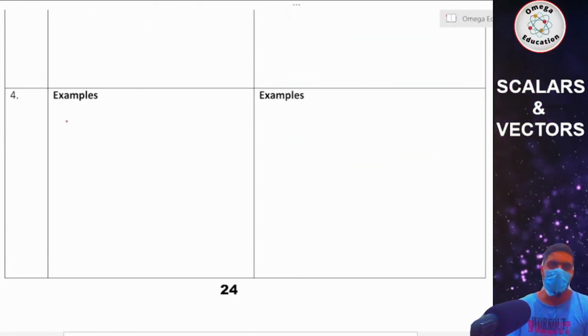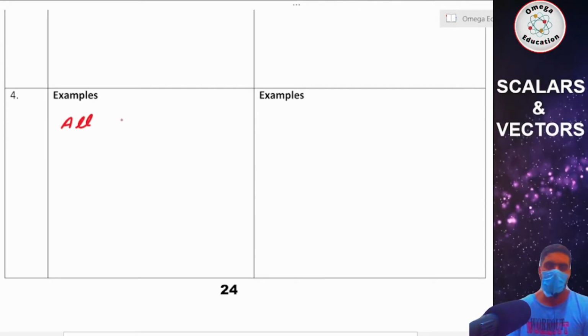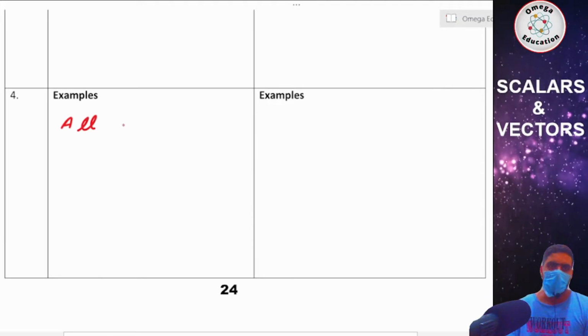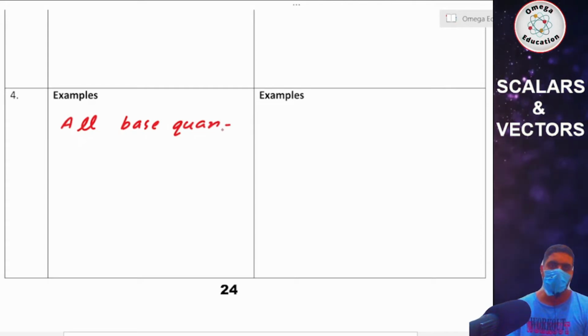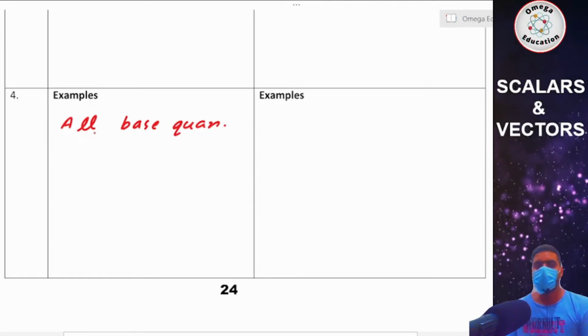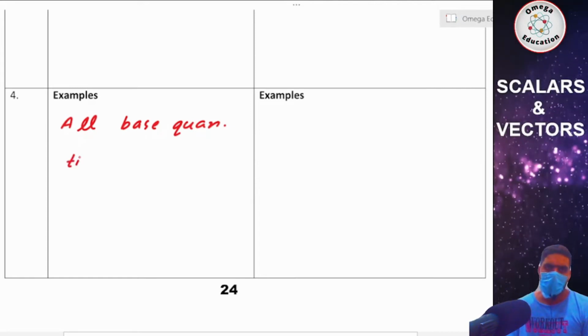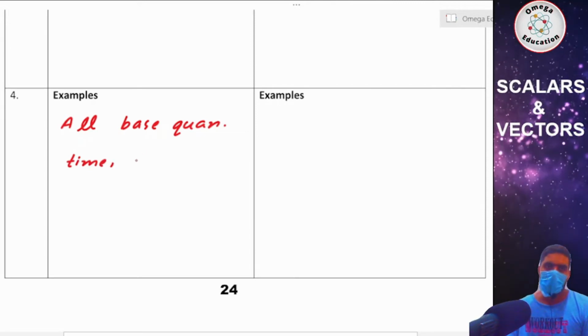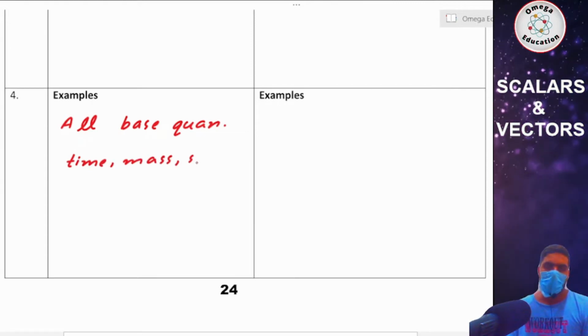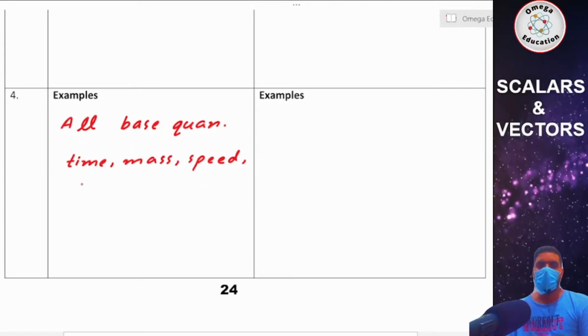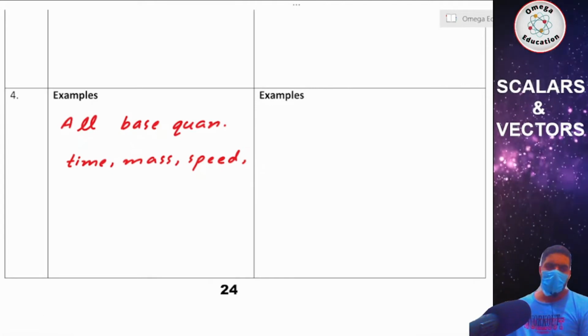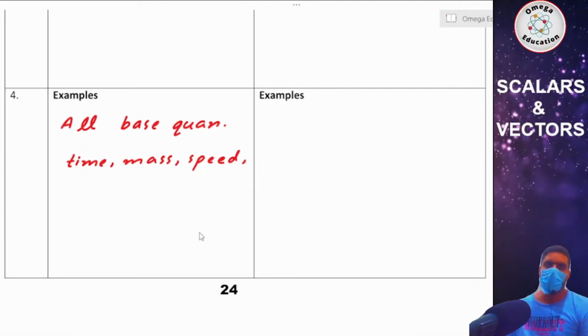Examples of the scalar quantities: all base quantities. We have studied 7 base quantities in our very first video of this chapter. Some of them include time, mass. Speed was not a base quantity, but that is one of the examples of a scalar quantity. As a matter of fact, there are dozens of scalar quantities and dozens of vector quantities.